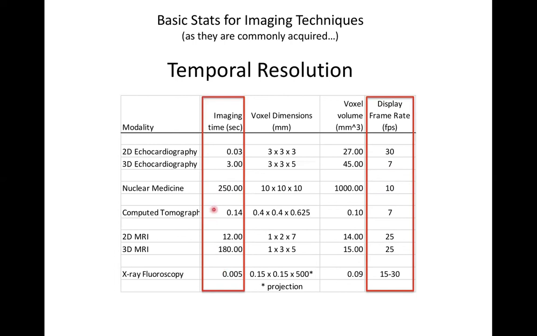The two types of temporal resolution are how quickly you flash your data into the system versus how quickly you play back these time frames. And sometimes you're collecting data for the whole time, and sometimes you're only collecting data for a very short period of time during the acquisition.